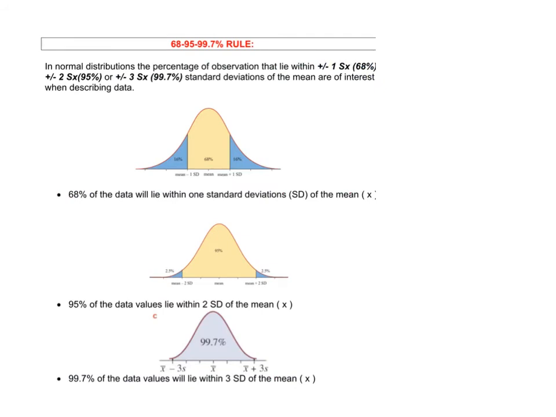All right, so we've got this new rule now, and this is what we're going to calculate our questions with. We've got the 68, 95 and 99% rule, and you can only use this with symmetric data, so bell shape or whatever.